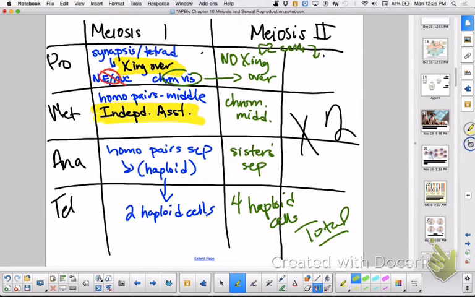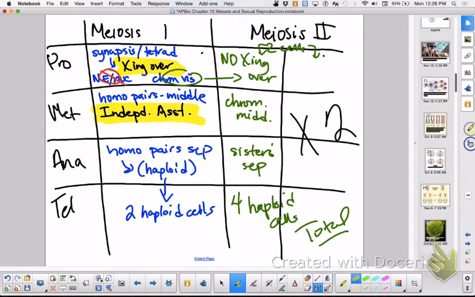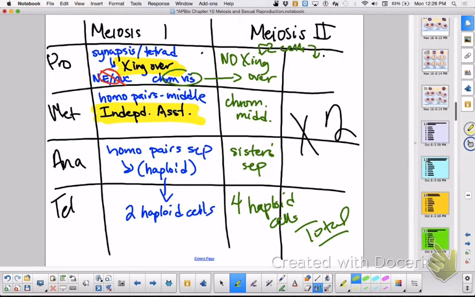Where's the third way due to meiosis that you get variety but we don't see it? Fertilization. You don't know what sperm is going to hook up with what egg. So those are your 3 big areas where meiosis lends itself to variety. Good, good, and good. We did all of that.